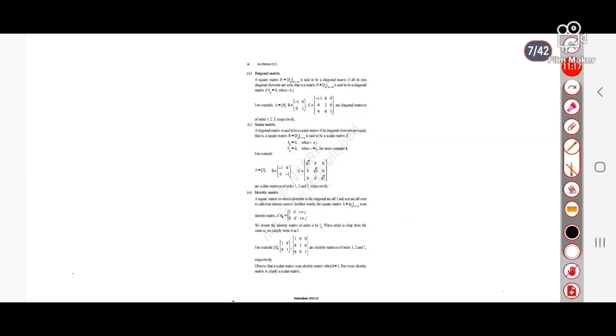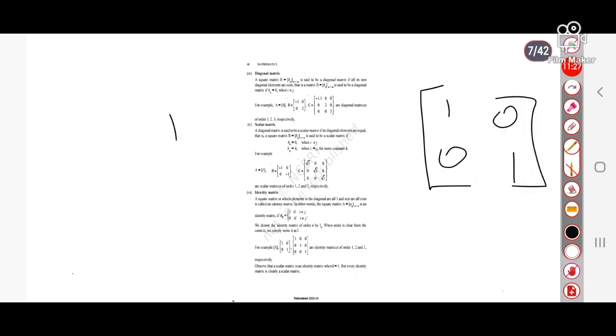What is an identity matrix? The name suggests identity is nothing but 1. Again, 1, 1, 0, 0. This is an identity matrix. When the diagonal elements are 1 and the rest of the elements are 0, it forms an identity matrix.